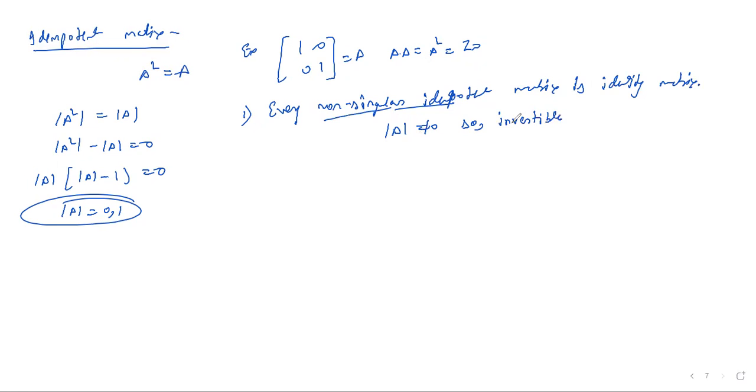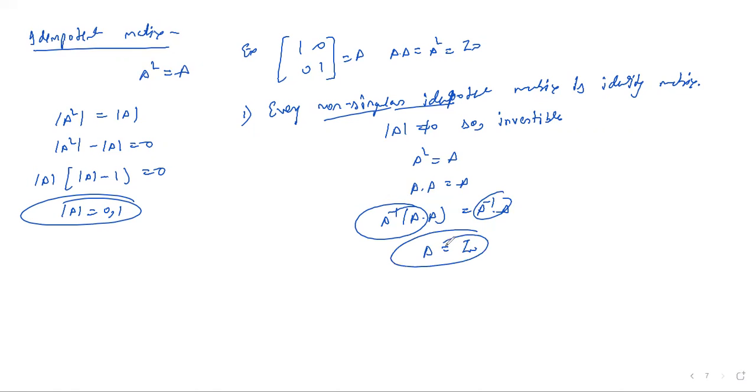For idempotent we have A square equals A, that is, A into A equals A. Multiplying by A inverse on both sides, A inverse A into A equals A inverse into A. A inverse into A equals identity, so we get A equals identity. Then we can say that every non-singular idempotent matrix is the identity matrix.